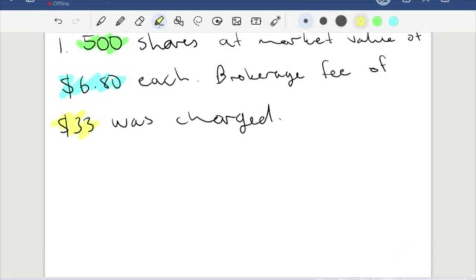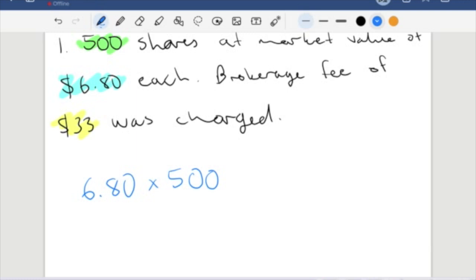There are $6.80 for every one share. So we can find the cost of 500 shares by taking my $6.80, which is for one share, multiplying it by 500, because for every one share, it's going to cost $6.80. To find the cost of 500, we can multiply it.